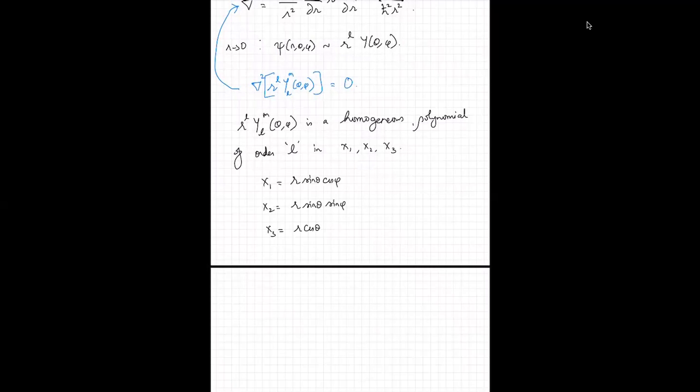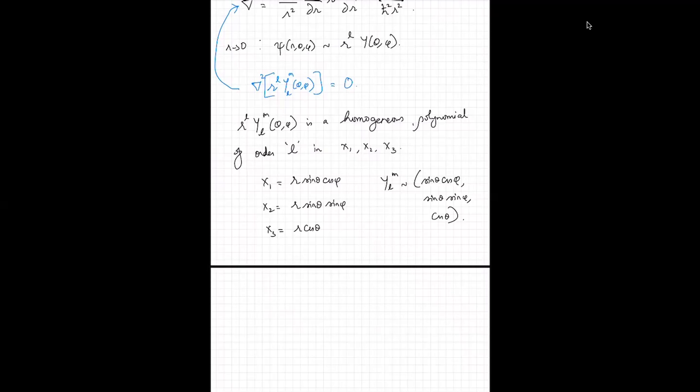Remember that Y_LM should be a function of just the unit vector sine theta cosine phi, sine theta sine phi, and cosine theta. Among these three, it is only x1 and x2 that have a dependence on phi. x3 doesn't have any dependence on phi.